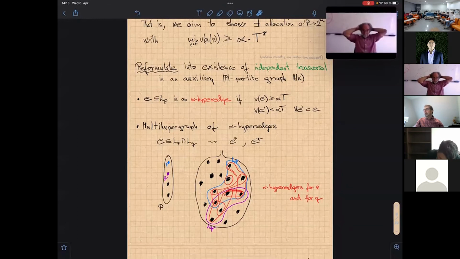So for example, this edge here, this 2, is part of both LP and LQ. Its value is at least alpha t star. So it has 2 copies in this multi-hypergraph.